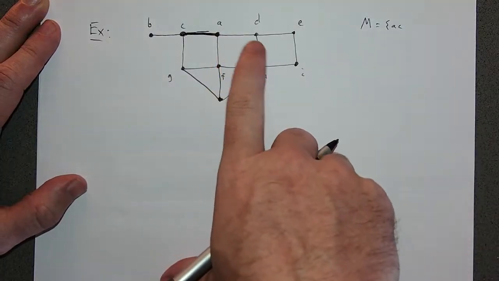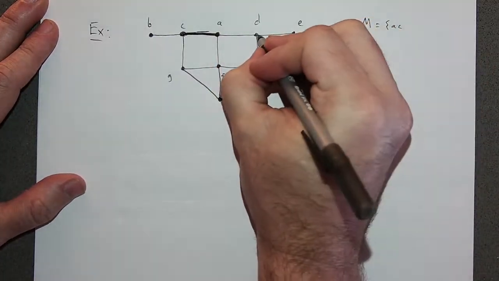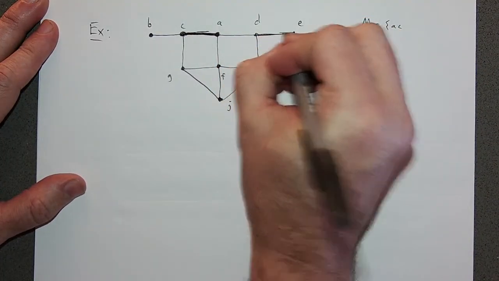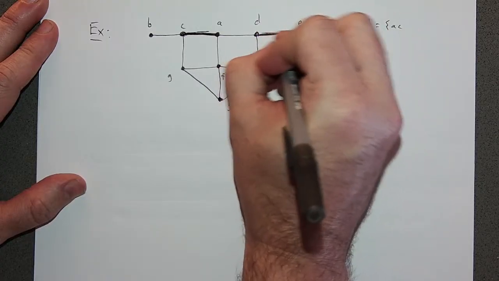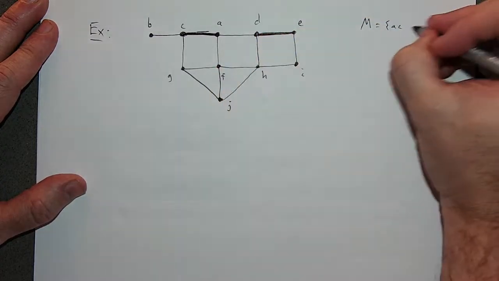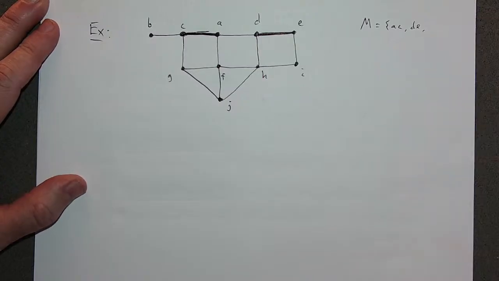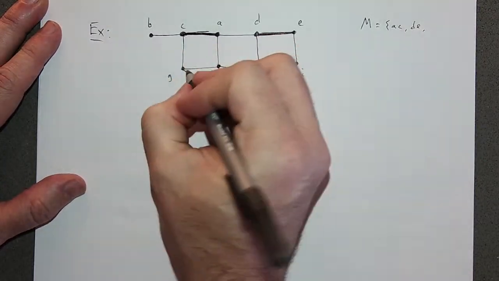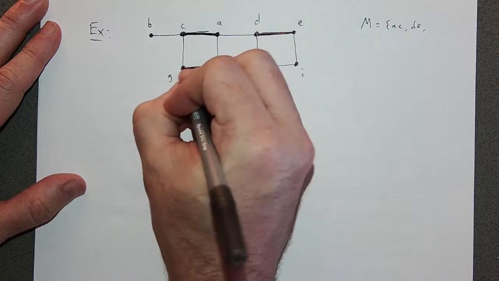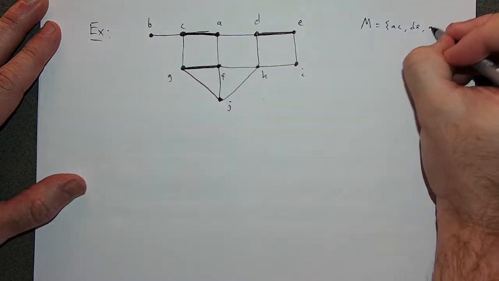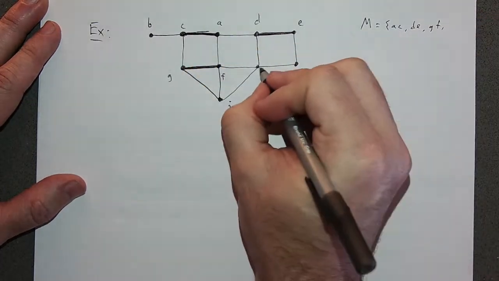We'll let it contain the edge DE, GF, and HI.